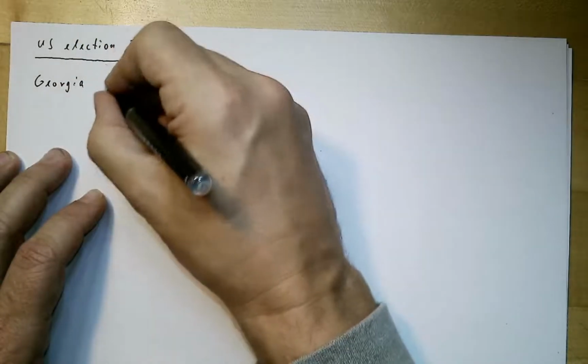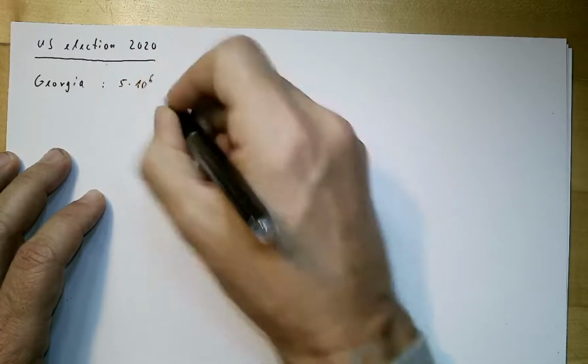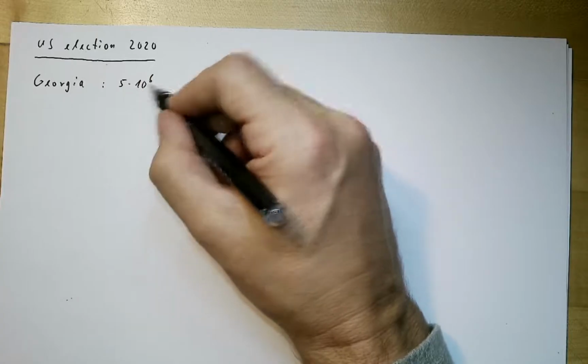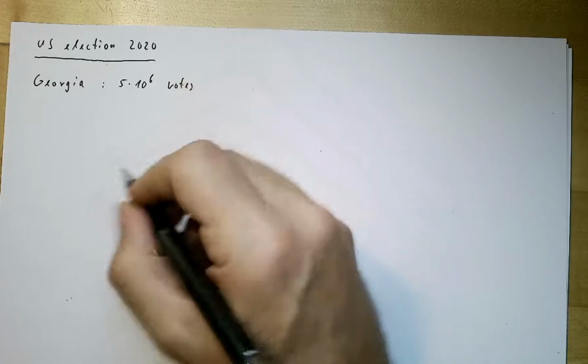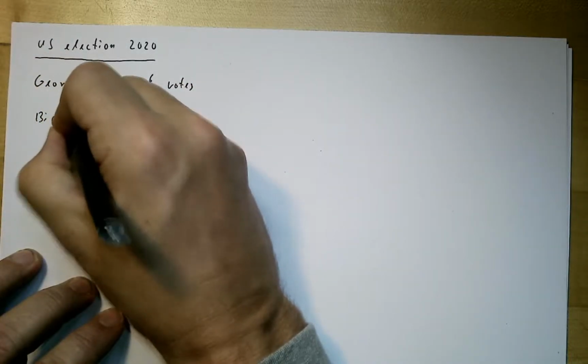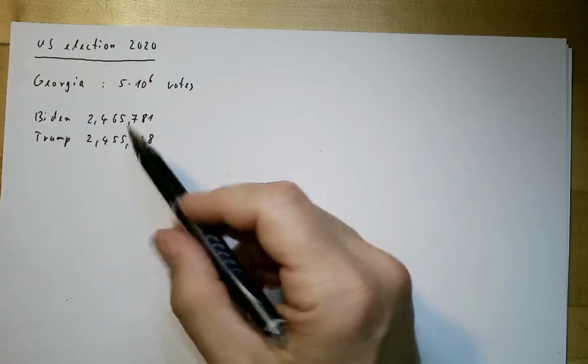So we have about 5 to the power 6, 5 million votes. And then we had Biden and Trump.